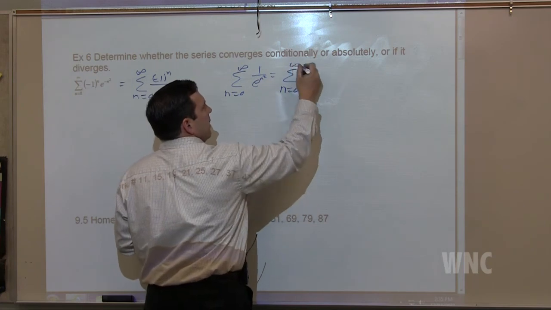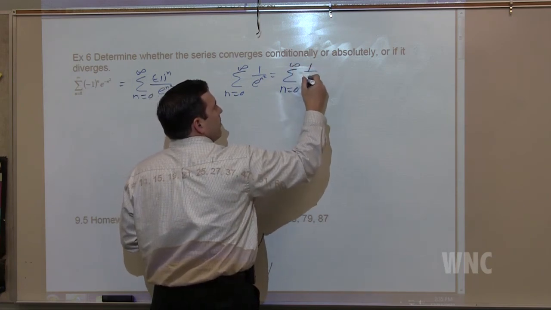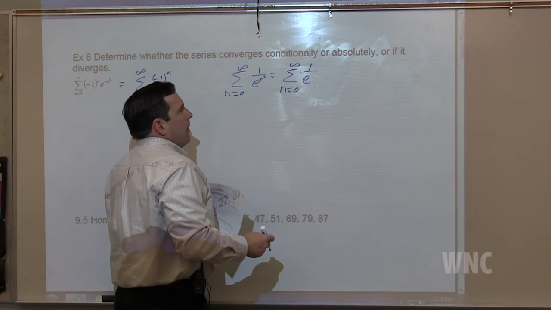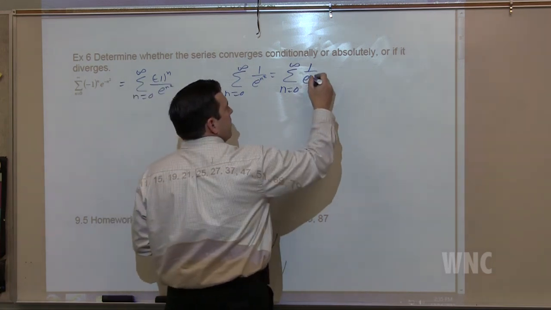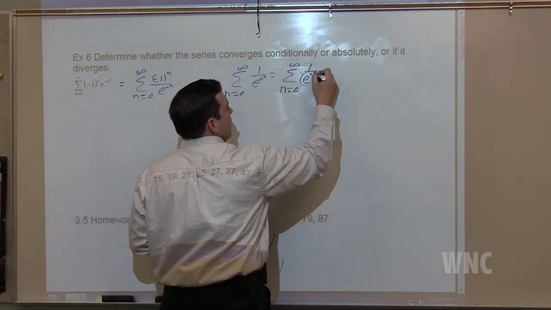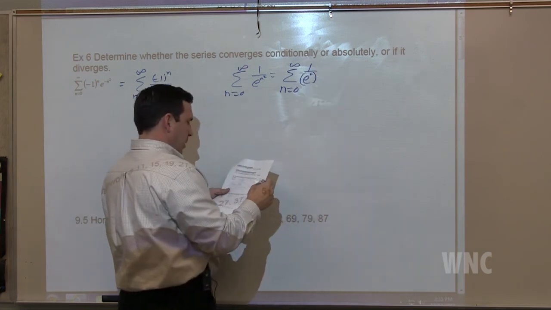N equals 0 to infinity of 1 over e to the n power. I think I'm doing that backwards.